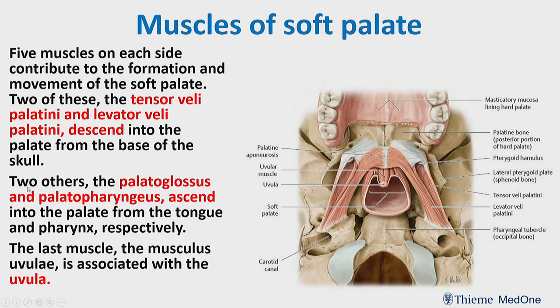The other two, palatoglossus and palatopharyngeus, are ascending, from the tongue and pharynx respectively, to the palatine aponeurosis: the palatoglossus from the tongue and the palatopharyngeus from the pharynx, and the uvula, as we said.